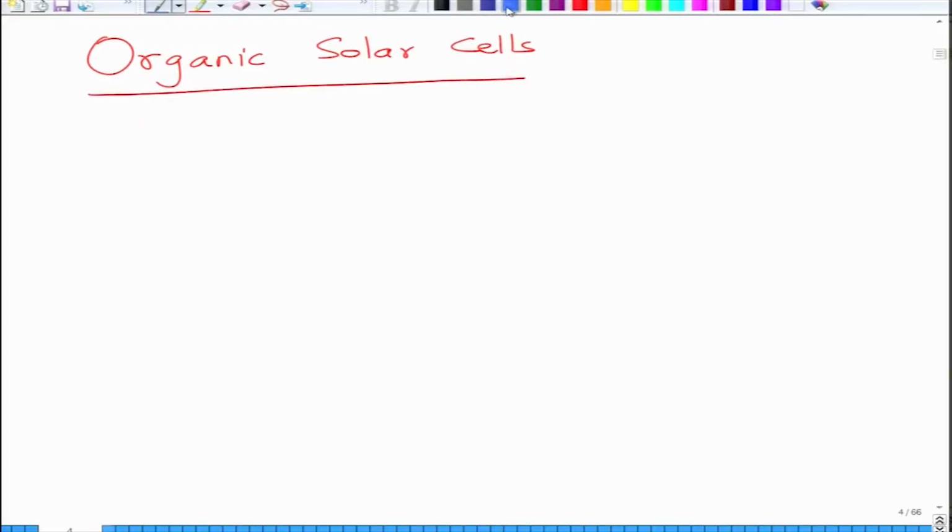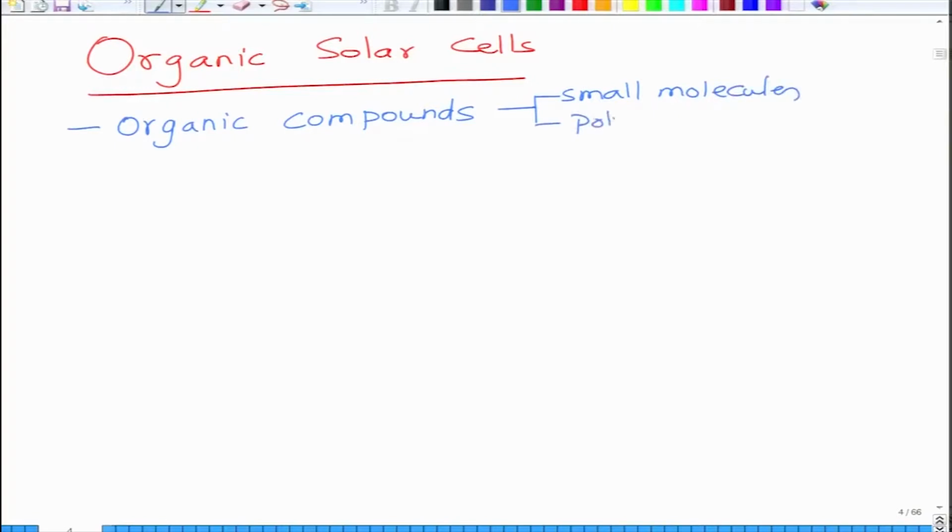Now, this is an interesting technology because here we do not use inorganic materials; rather we use organic compounds, which are called either small molecules, so these are organic small molecules, or polymers.